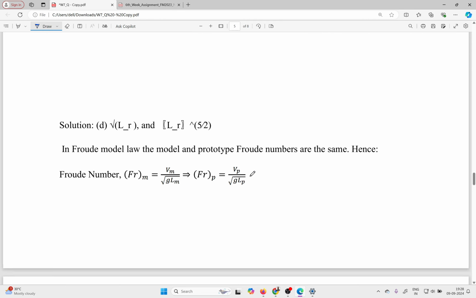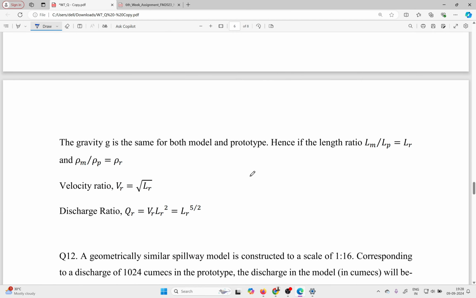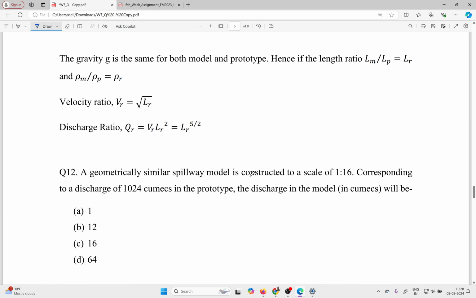Now the next question is: a geometrically similar spillway model is constructed to a scale of 1 is to 16, corresponding to a discharge of 1024 cubic meters per second in prototype. The discharge in the model will be?